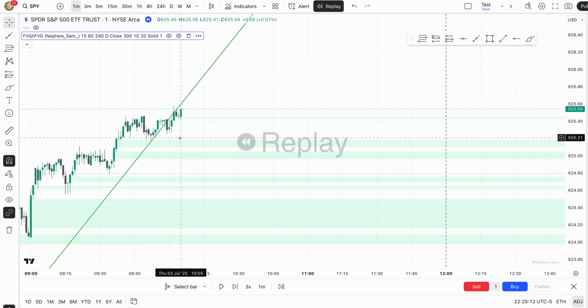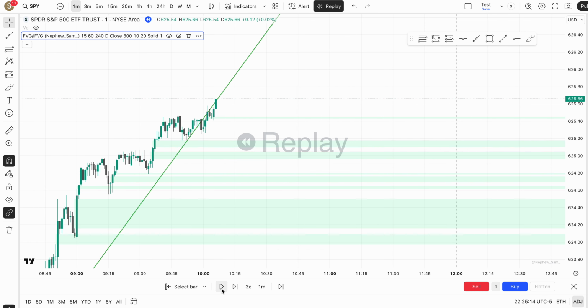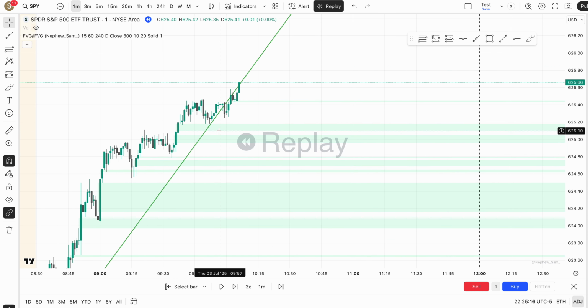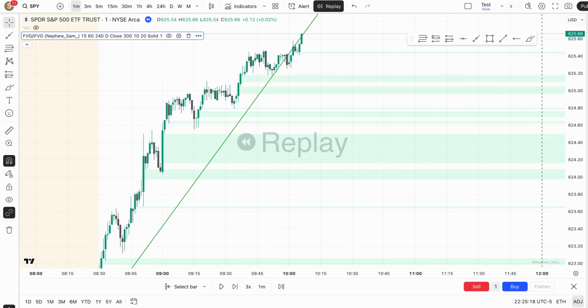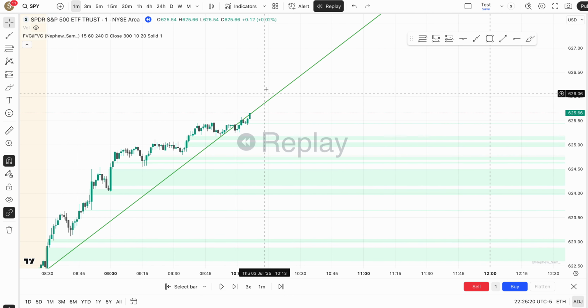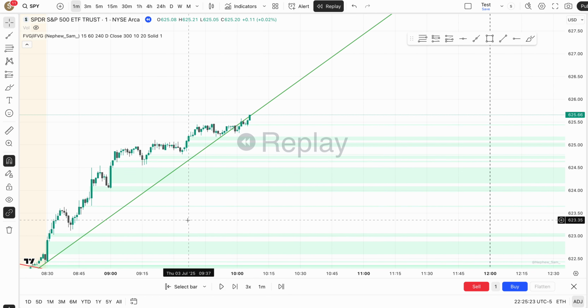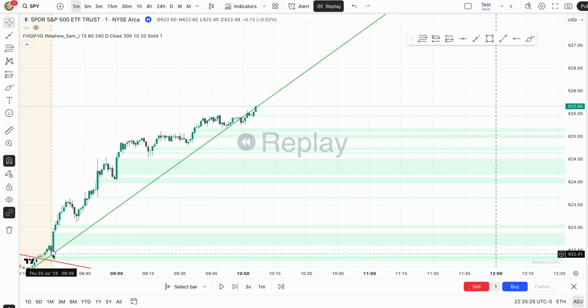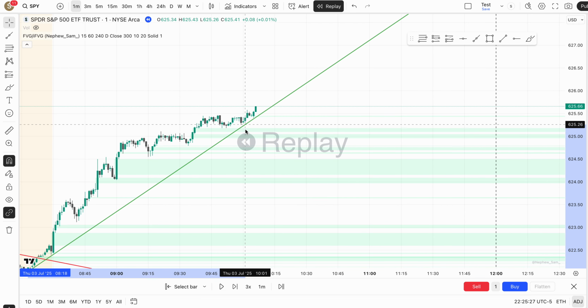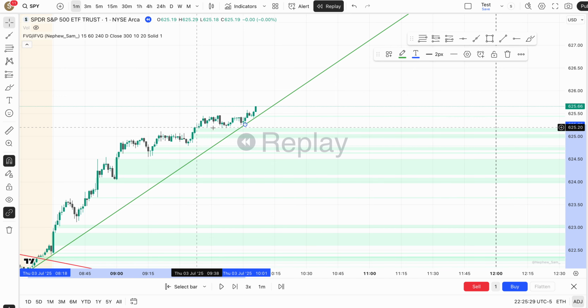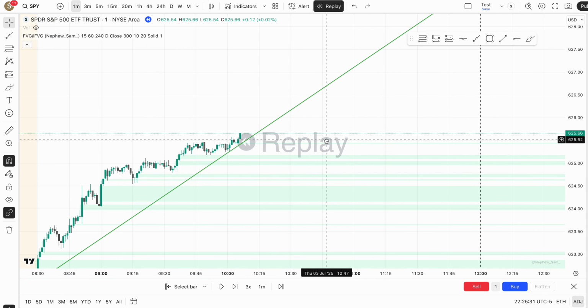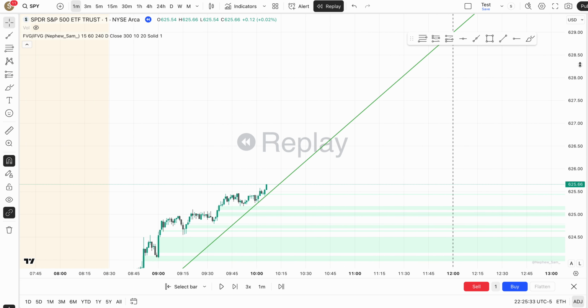From this point, we're going to be looking for puts if you weren't in these calls. Because price continues to move higher, we're going to adjust our uptrend line to continue with the movement. When price breaks this green line, that's when we enter our puts.